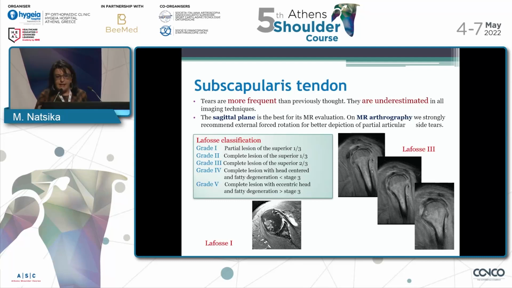And the best classification that we also use is the Lafosse classification, according to which part of the subscapularis tendon is affected, what the position of the humeral head is and whether it is centered, and what the condition of the muscle is, if we have fatty degeneration of the muscles more or less than stage 3.